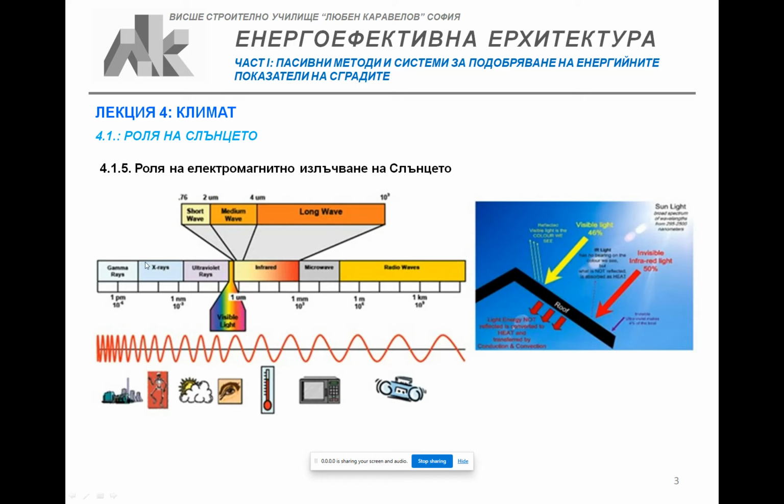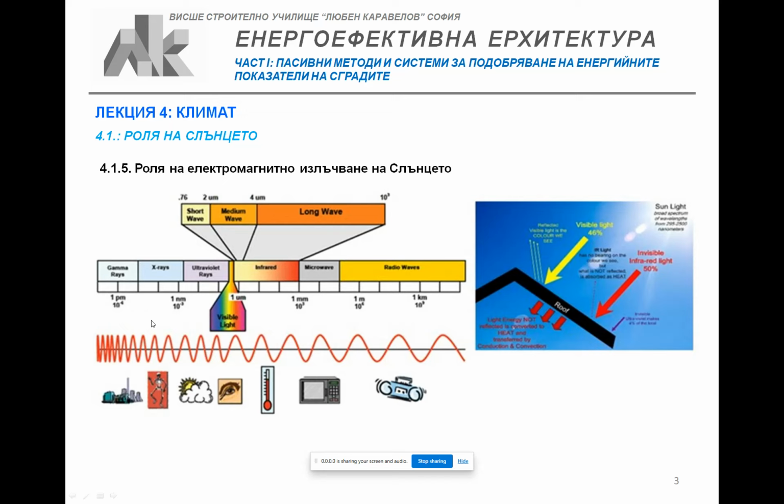The gamma rays, the X-rays, and the bigger part of the ultraviolet rays don't reach the surface of the Earth because of the atmosphere. They have too high vibration, so they scatter easily and get reflected back into space.